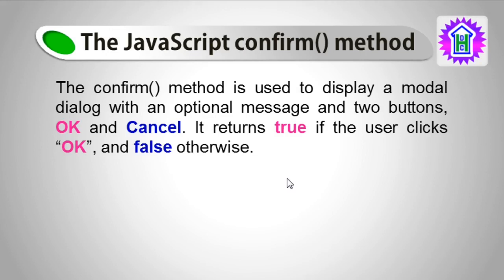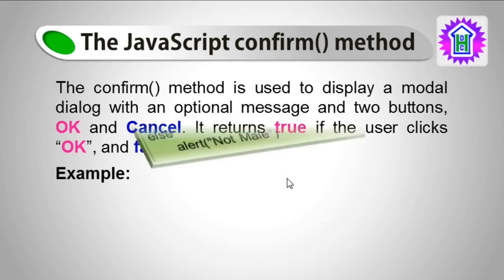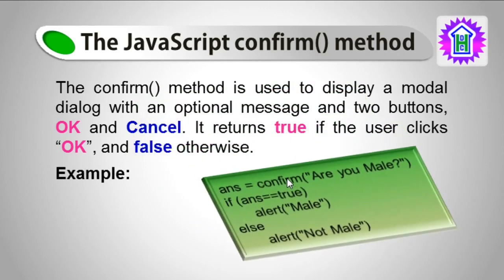Let us see how we can write or generate a confirm dialog box. The example is like this. Suppose we are taking an answer from the user. We are just checking whether the user is male or not. So I have declared a variable answer without the var keyword as I am assigning the value.